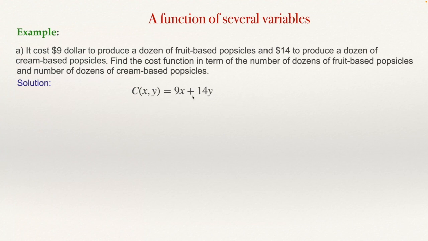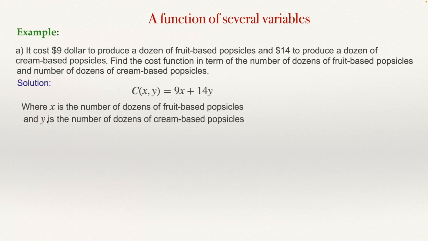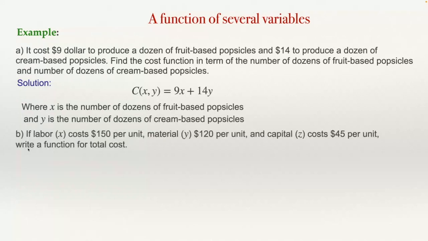The cost is a function of two variables. x will be the number of dozens of fruit-based popsicles, and y will be the number of dozens of cream-based popsicles. So this defines a function. And obviously, if I am defining this well, I need to tell people what is x, what is y, and what is z. This is the cost. Obviously, I can also write z equals 9x plus 14y, where z is the cost. So this is a practical application of the situation.